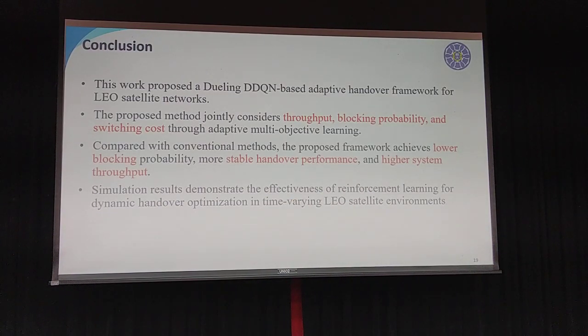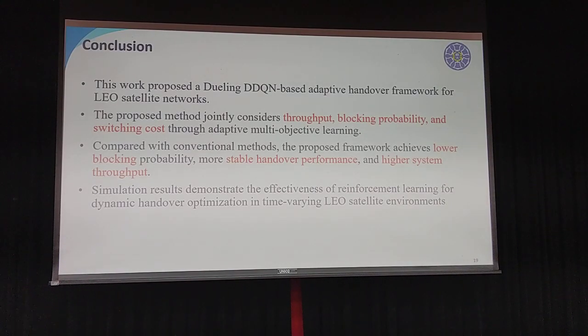In conclusion, this work proposes a dueling DDQN-based effective handover framework for LEO satellite networks. The proposed method jointly considers throughput, blocking probability, and switching cost for effective multi-objective learning.